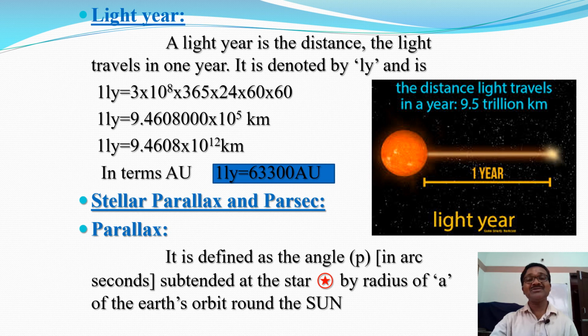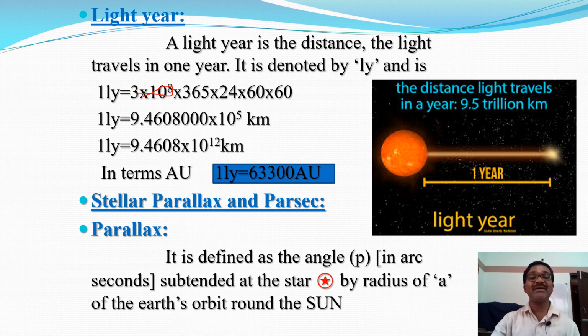Light travels in 1 second 3 into 10 raised to 8 meter per second. This is the velocity of light in 1 second, 3 into 10 raised to 8. Actually, we want to measure the distance light travels throughout the year.